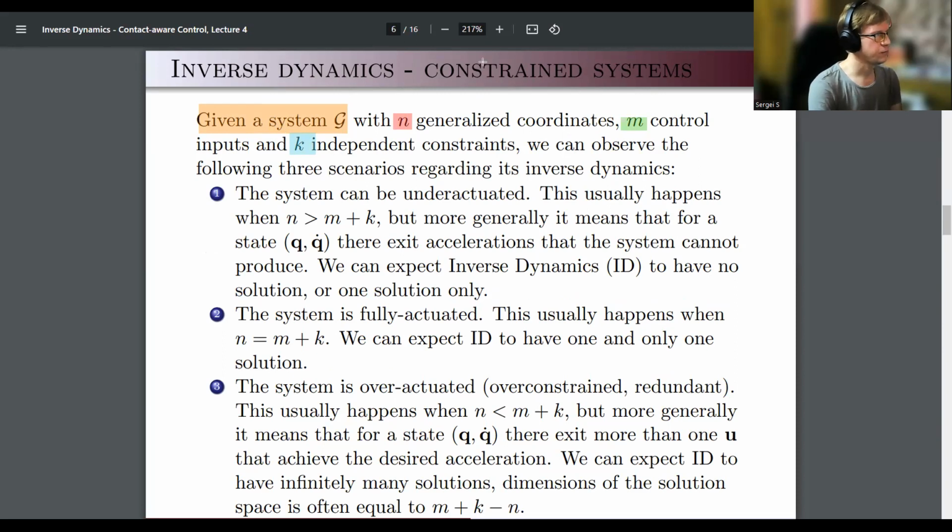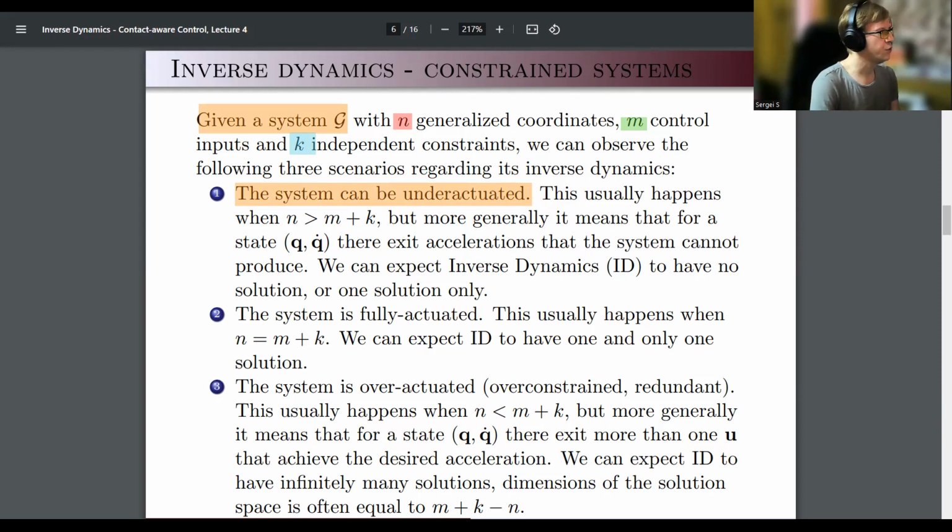First scenario, the system can be underactuated. What does it mean? It means that not every acceleration is available. There are some generalized accelerations that are not available. And I'm not talking about the accelerations that are not possible because of the constraints. I'm talking about accelerations that should be possible, but they're not available because you don't have control authority.